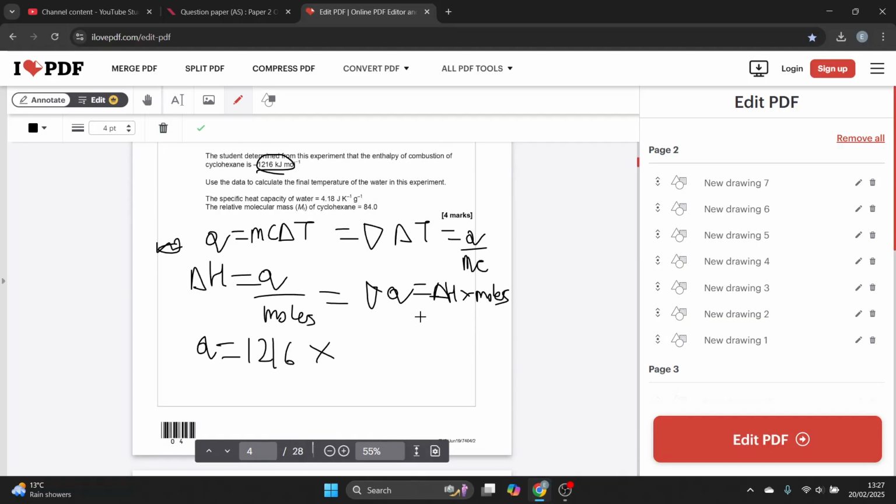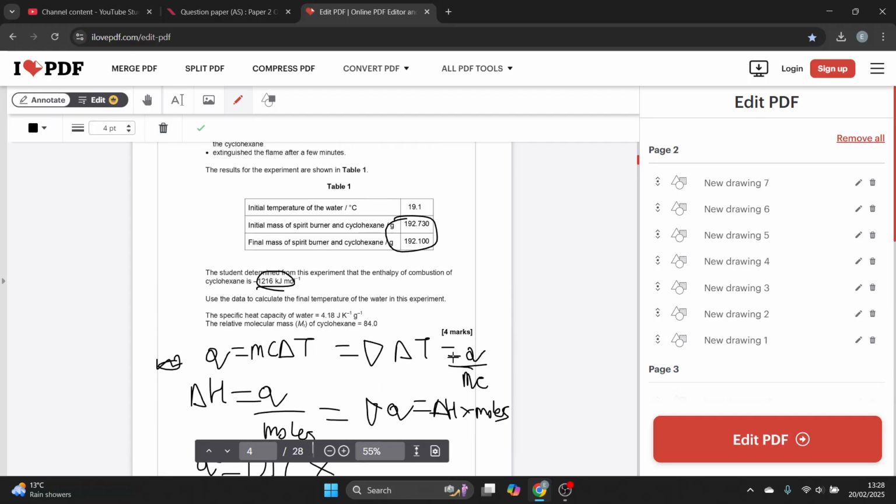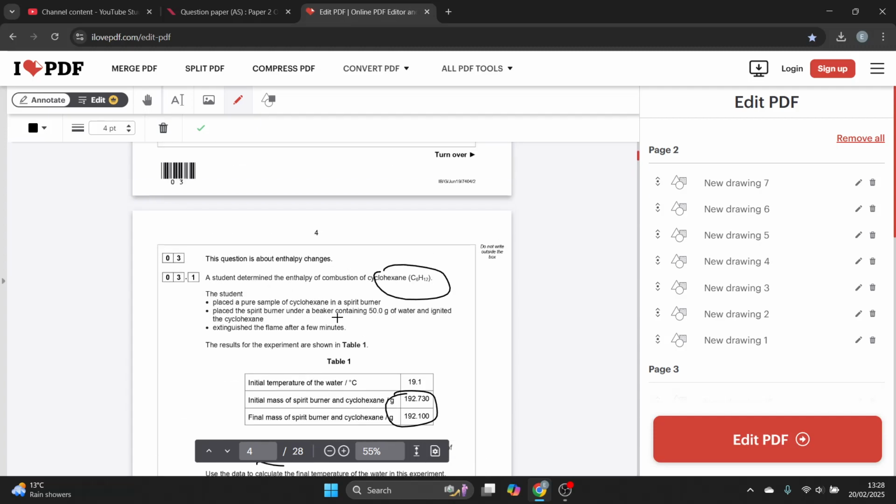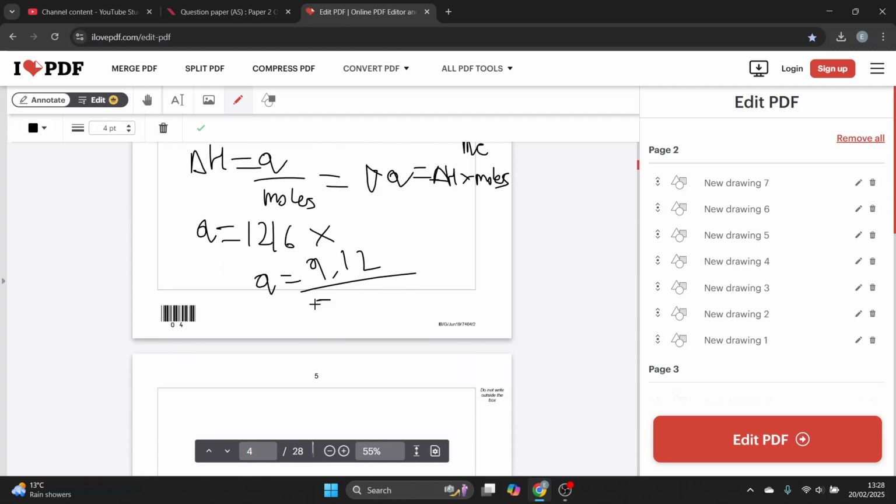That'll give you the number of moles. Then I do 1216 times by my answer, the number of moles, and I get Q equals 9.12 over m, where m in this case is the mass of water, which is 50 grams, so 50 times by c, which is 4.18 given in the question.